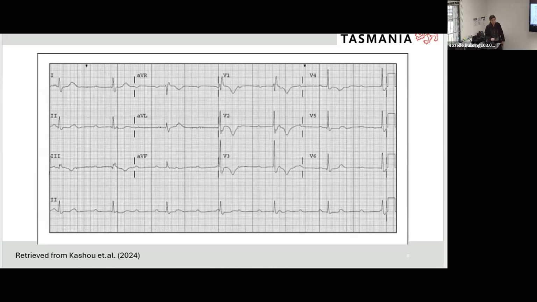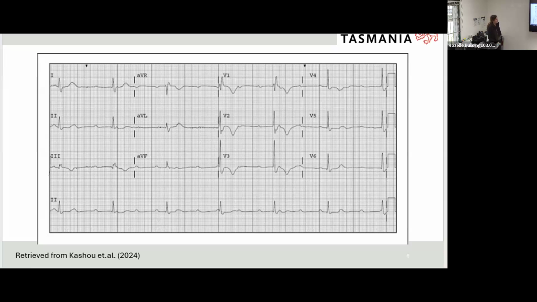So depending on your age and your gender, what we tolerate as depressed or elevated differs. But in general, less than 1 small square is not a big deal. So in general, we're pretty happy with our J points across the board.